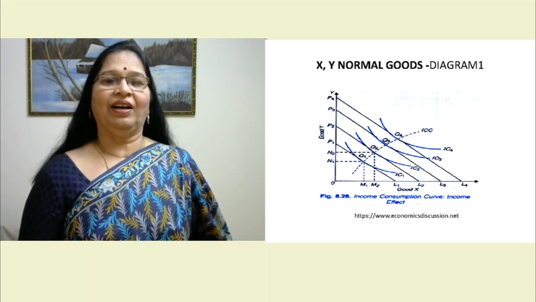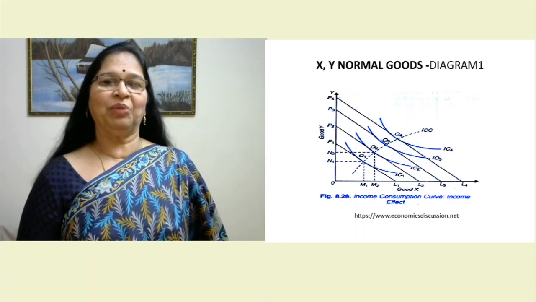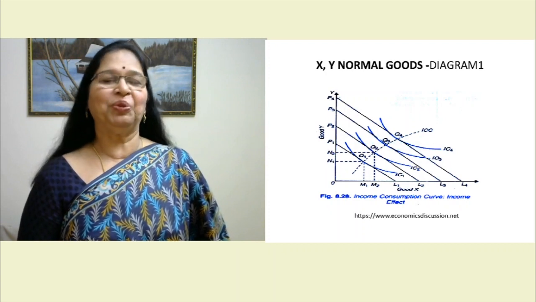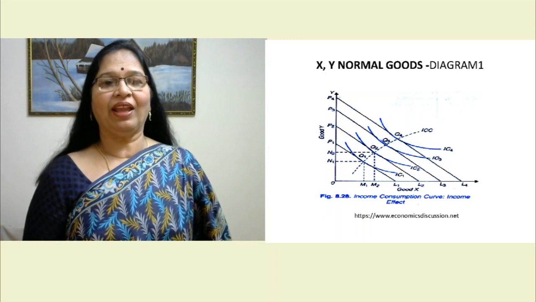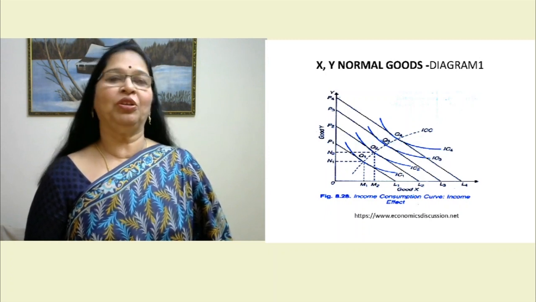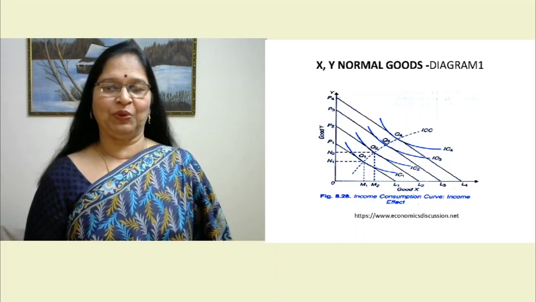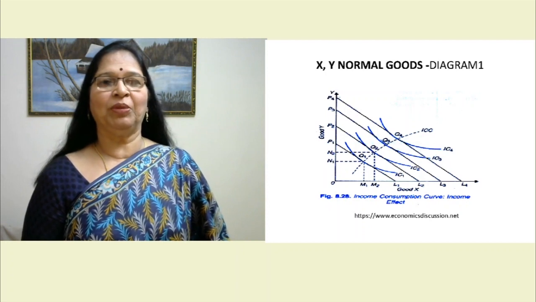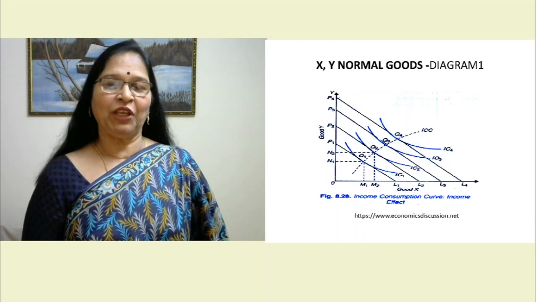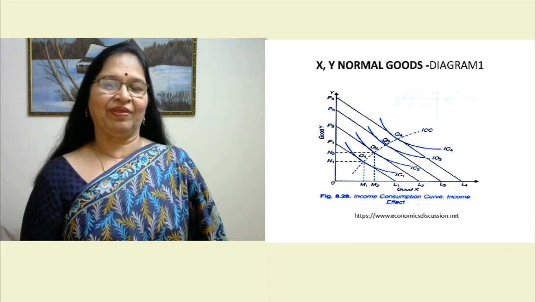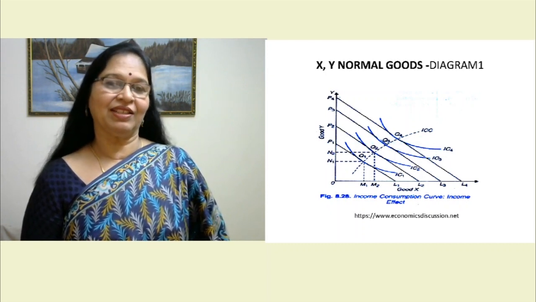So now I shall pose a question to you. What if we introduce X as an inferior good or Y as an inferior good? How will the consumer's indifference curve and the points of equilibrium look like? Can you try drawing that?